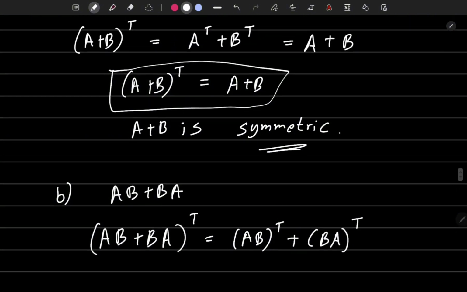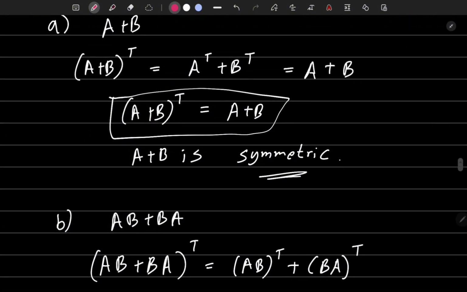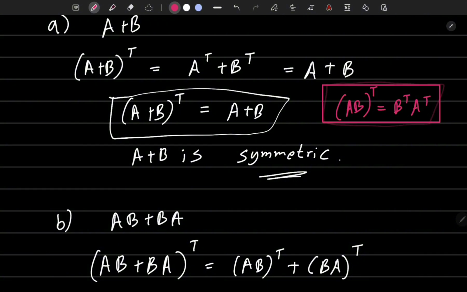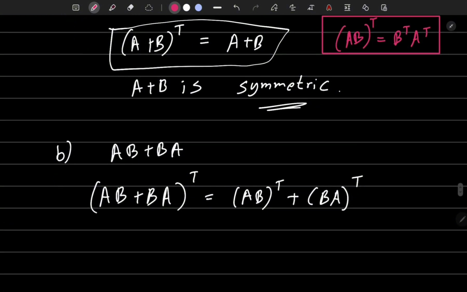Here there is a theory part. The transpose of AB is equal to the transpose of B times the transpose of A. Here firstly there is A, but here firstly there is B. This is a theory part, so I'm going to use that theory here.